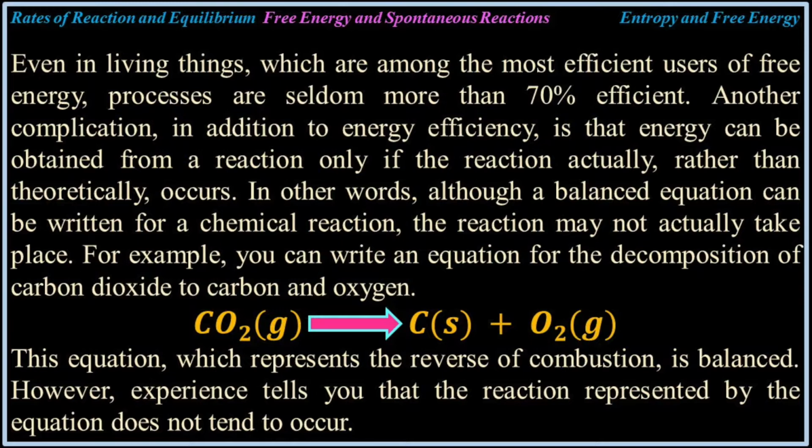For example, you can write an equation for the decomposition of carbon dioxide to carbon and oxygen. This equation, which represents the reverse of combustion, is balanced. However, experience tells you that the reaction represented by the equation does not tend to occur.